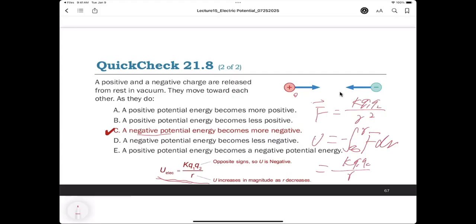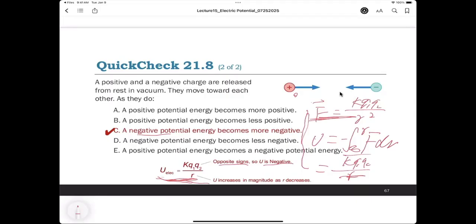Actually, you don't need to remember how to get it. It just uses this force to get this equation. And you can see from this equation that the charges are opposite in sign, so the electric potential energy is negative.